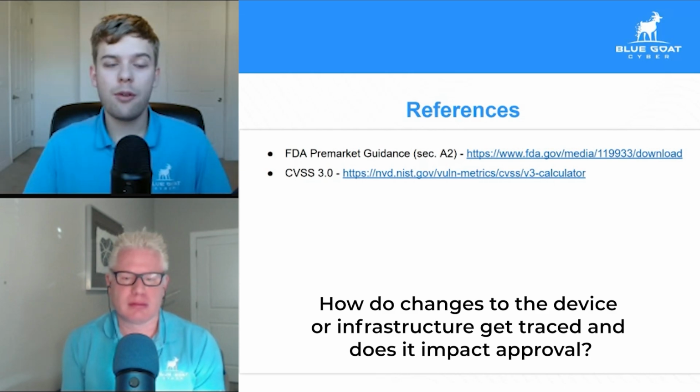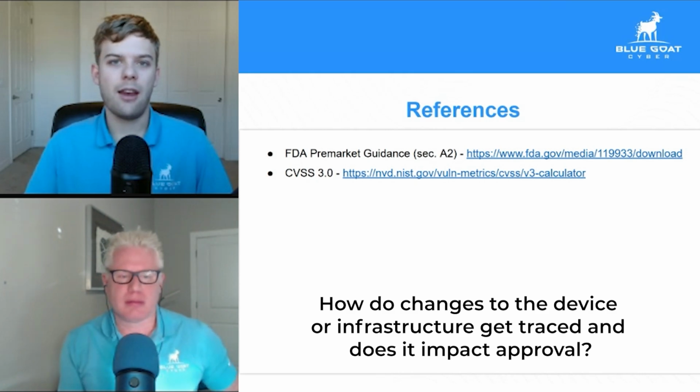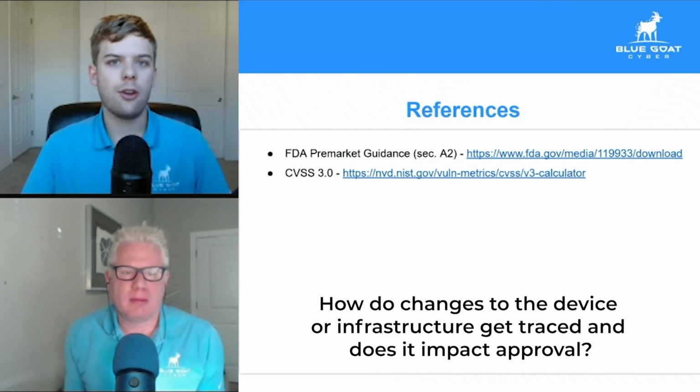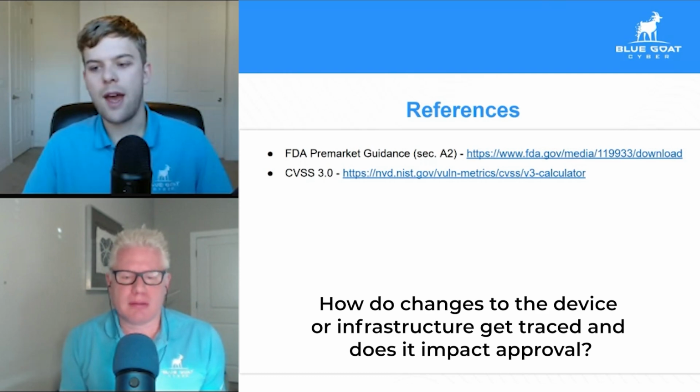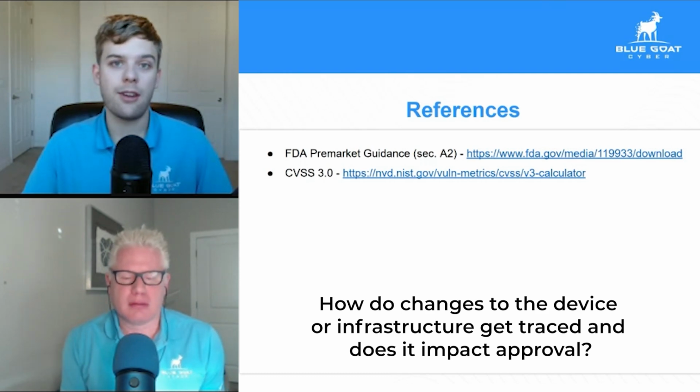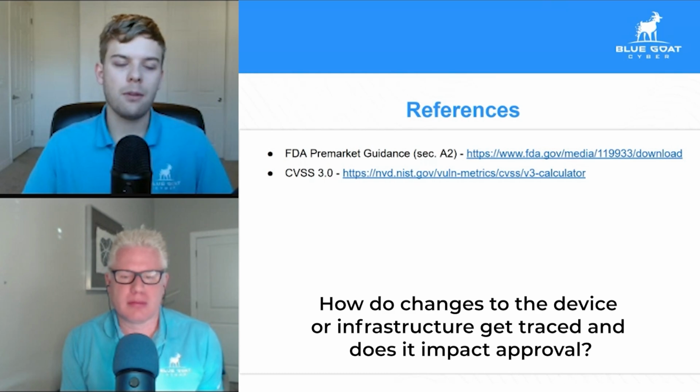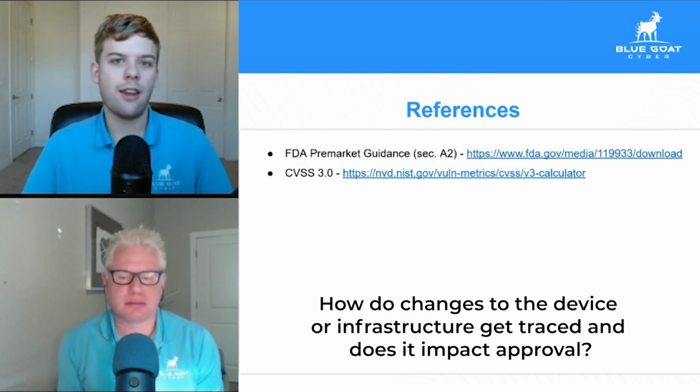When looking at the approval side of things, if you have a device that you submit to the FDA, again, this should be a point in time snapshot during initial submission. If you make a significant change after the fact, let's say you add a wireless functionality to a previously air-gapped device, that could affect your standing with the FDA. So you'll likely need to go through a new 510K.